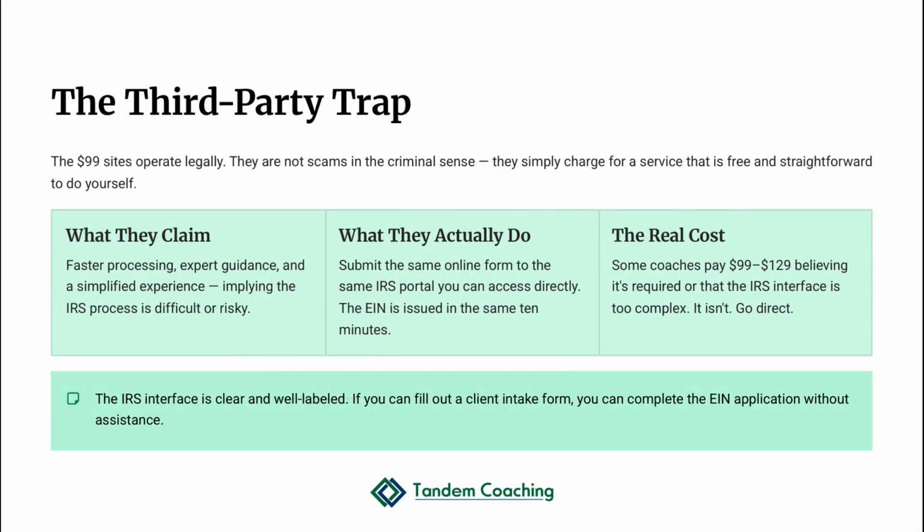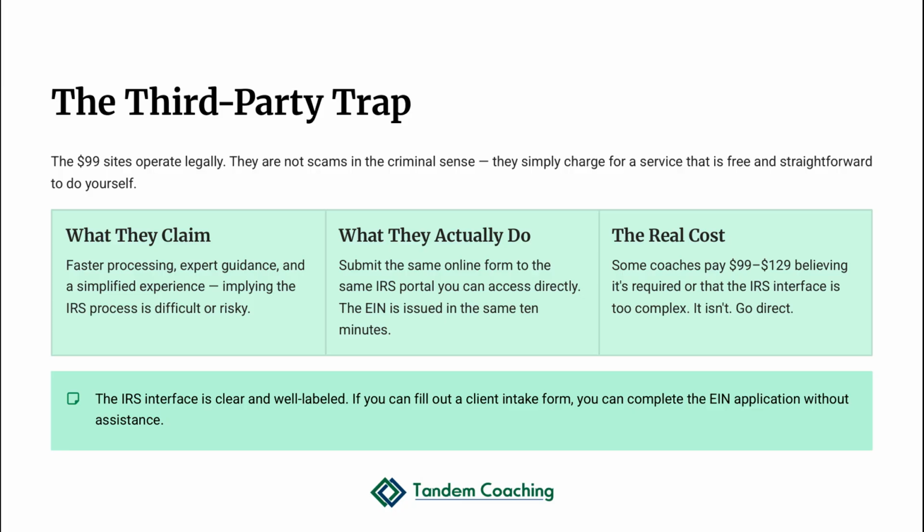The third-party EIN site industry is worth a brief call-out because the marketing is convincing. These sites are legal. They're not running a scam in the criminal sense. What they do is take your information, charge $99, submit the exact same SS-4 form to the exact same IRS that the free site would have processed, and email you the EIN with their branding on it.